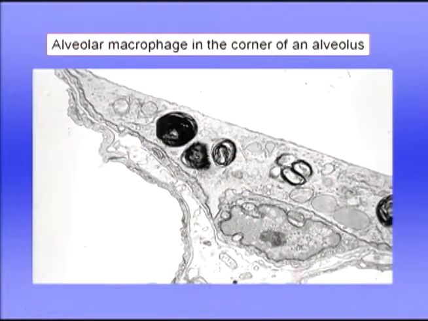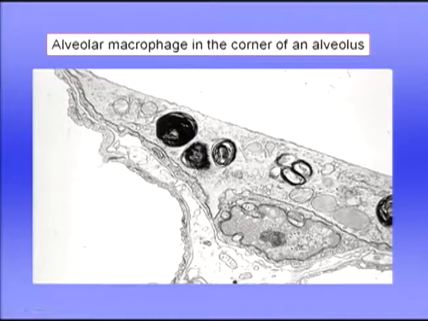Now, here's a nice electron micrograph. We've actually seen this before, and this shows an alveolar macrophage in an alveolus, and here's the wall of the alveolus going along here. So the alveolar macrophage is lurking in the corner of an alveolus, and you can see that it has engulfed some foreign particles, and these are remnants of surfactant.